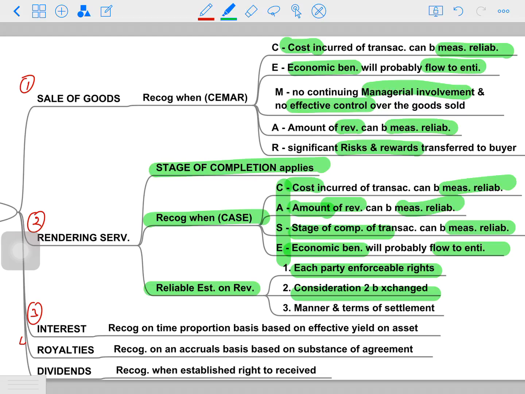Maknanya you ada dah amount dia berapa yang you nak tukar. Service tadi akan dibayar dengan certain amount of money. Consideration to be exchanged, and manner and terms of settlement. Macam mana you nak settle that amount, okay, between buyer and seller. Okay, so that means reliable estimate on revenue.